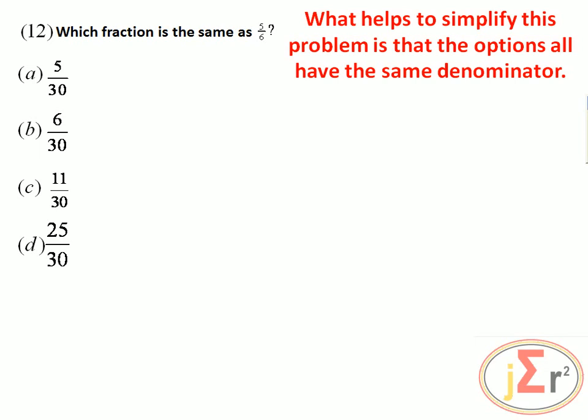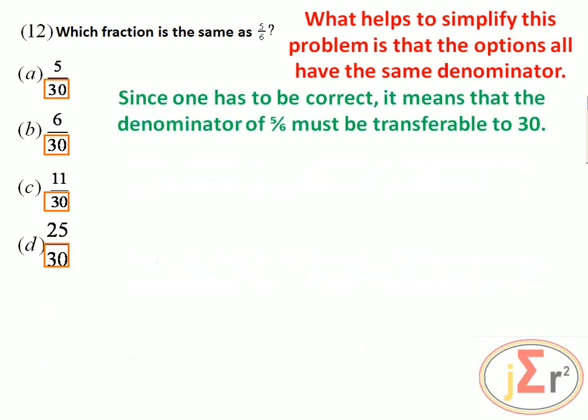Notice that the options all have the same denominator. All of them have a denominator of 30.